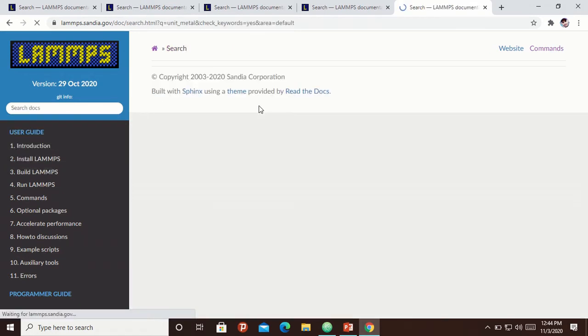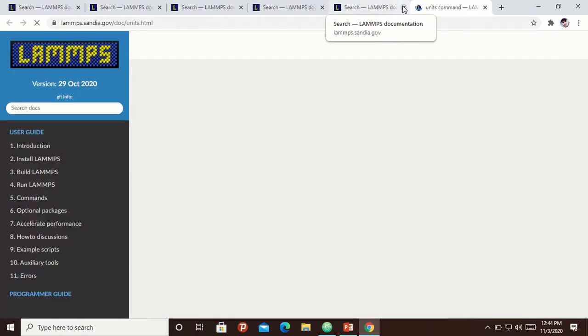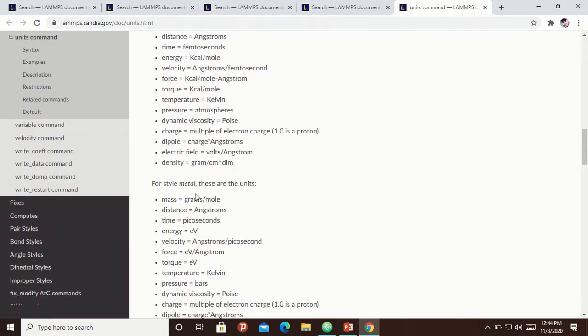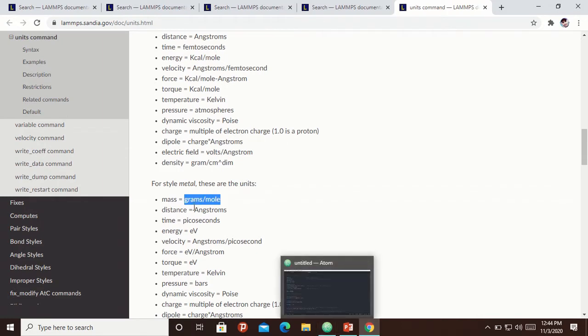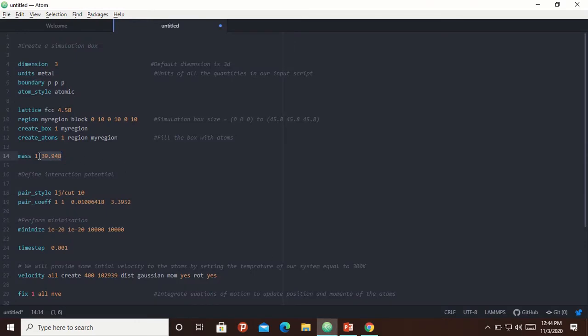Let us check it. Mass, yeah, grams per mole. Okay, so in case of metal it is grams per mole, so it will be equal to 39.948 grams per mole.